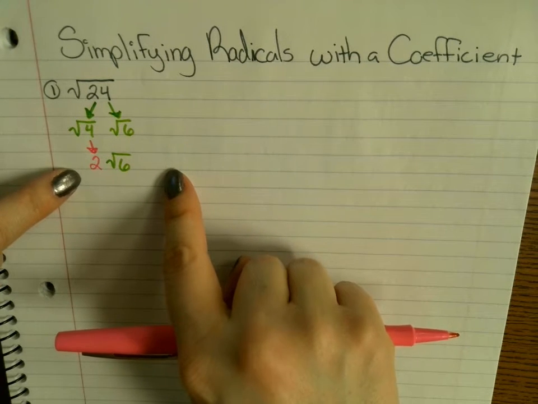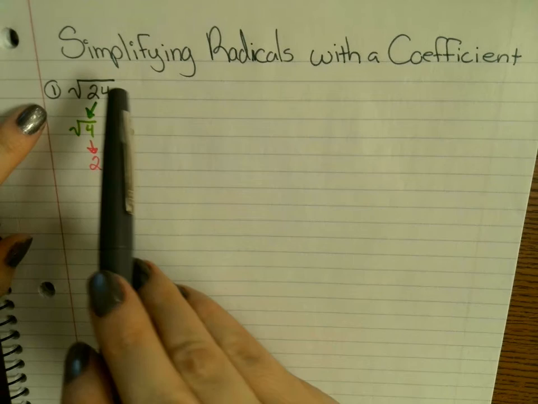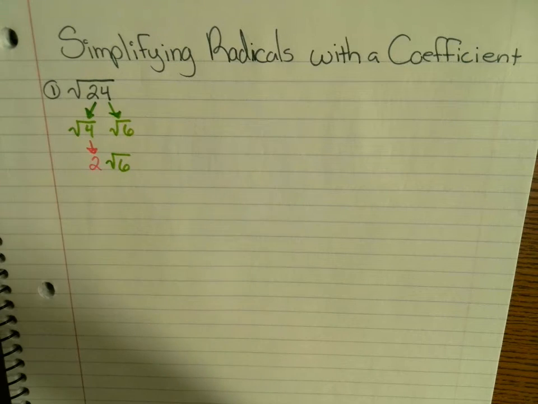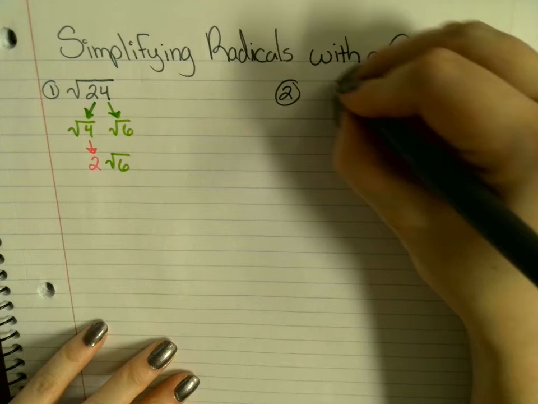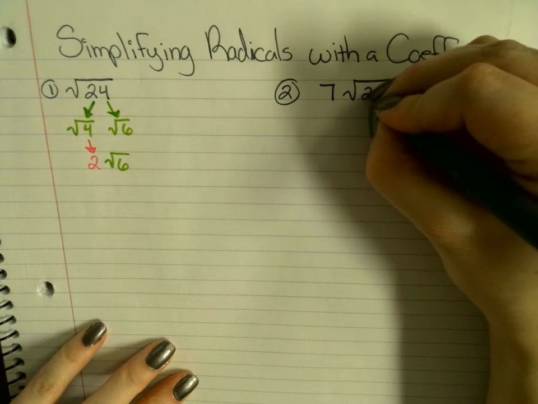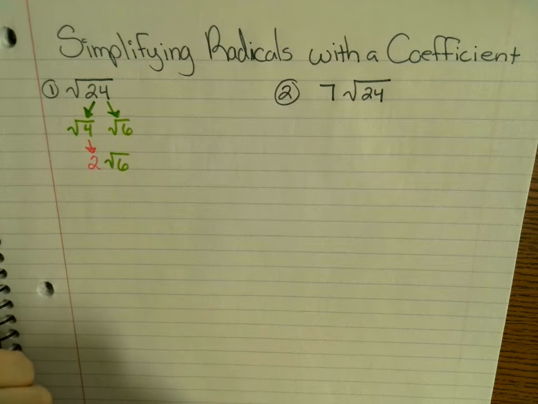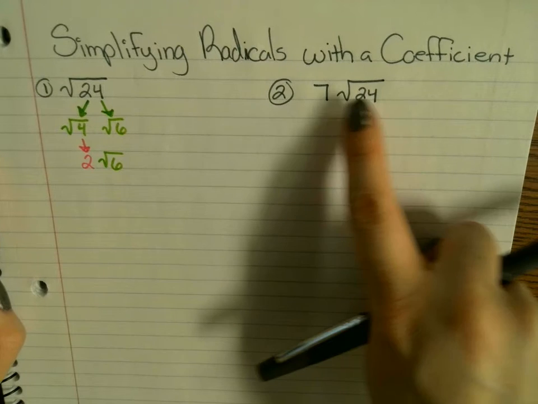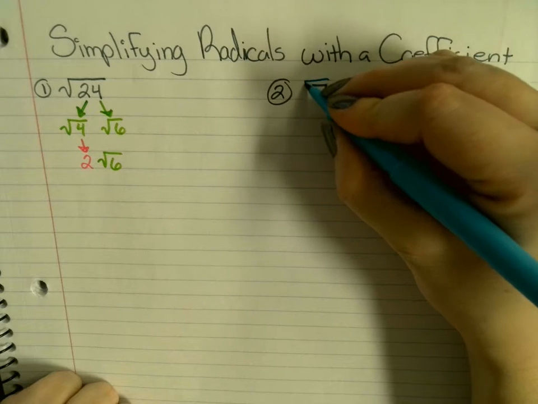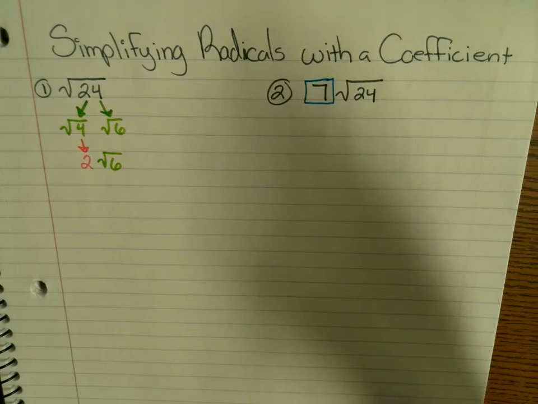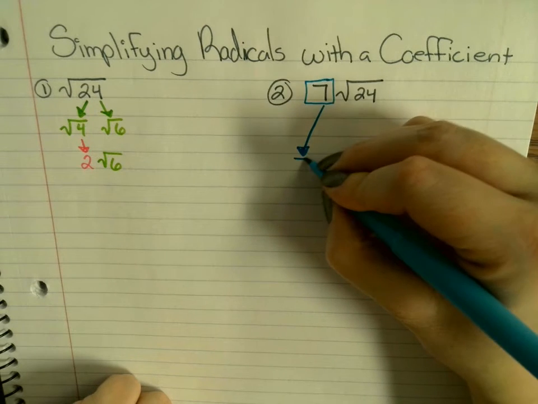What you're doing today is instead of it just being the square root of 24, it might be 7 square roots of 24. So now instead of it just being the radical, I have a coefficient in front of the radical. So what I'm going to do is take a look at that coefficient, and I'm just going to move it down to the side for a second. I'm going to ignore it and just bring it down.